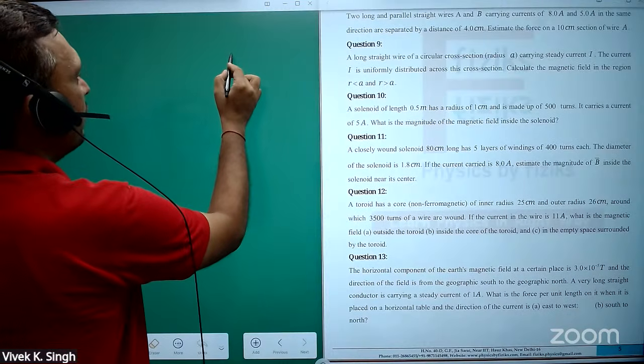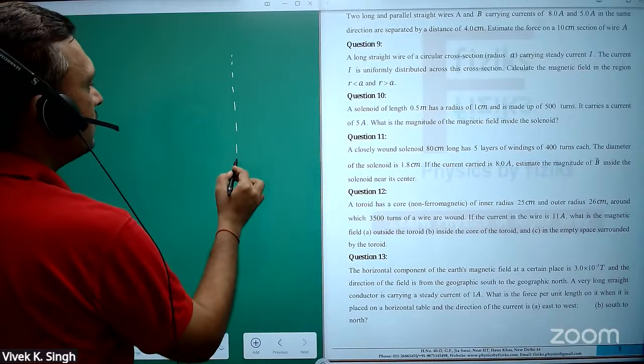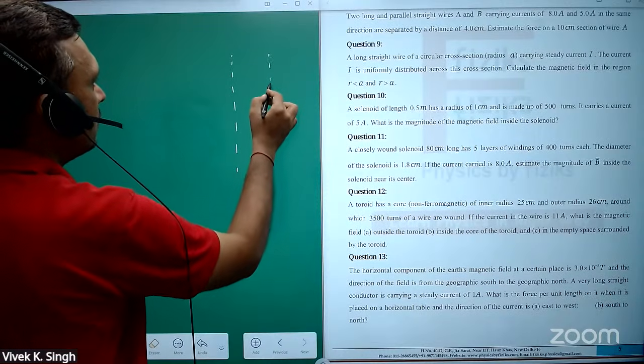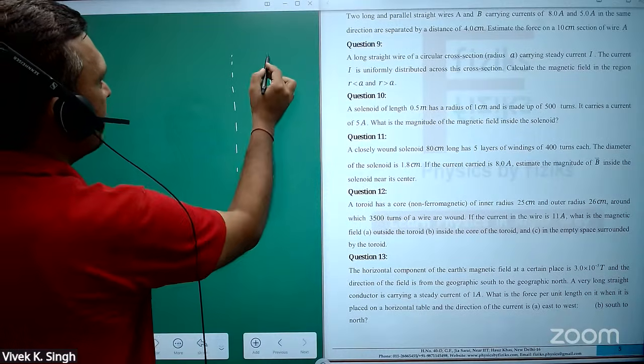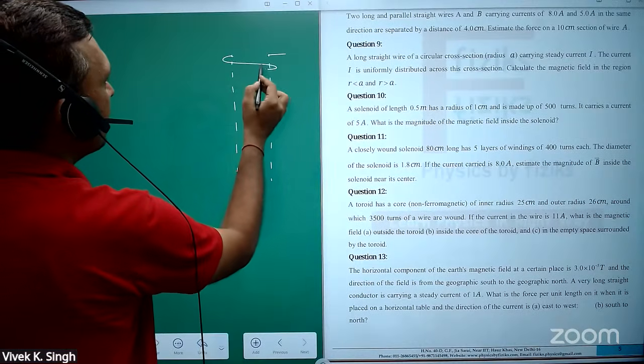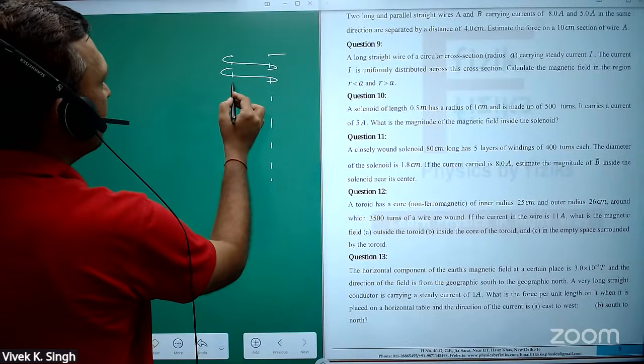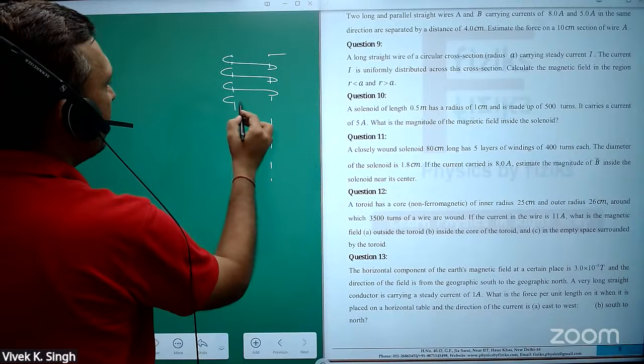So you have a solenoid here. I am assuming, let's say, a wire is wound in a helical form.